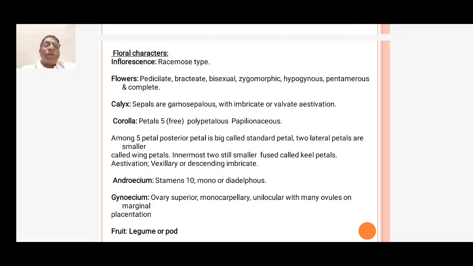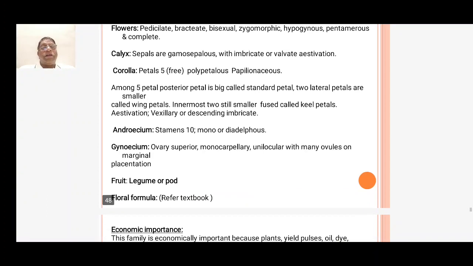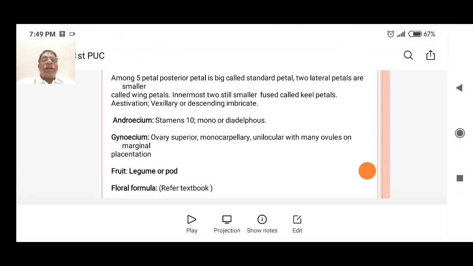Androecium, stamens 10, may be in one bundle, monadelphous, or may be in two bundles, diadelphous. Anther dithecous. If we examine the gynoecium, ovary is superior, meaning flowers are hypogynous. Monocarpellary, only one carpel is there.